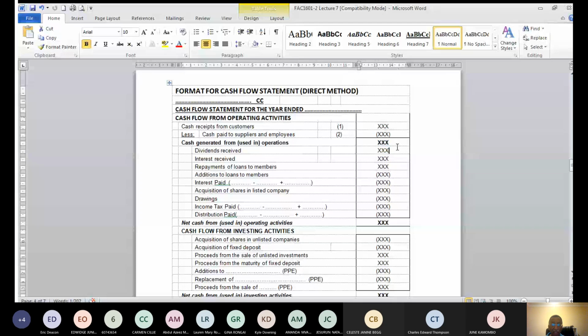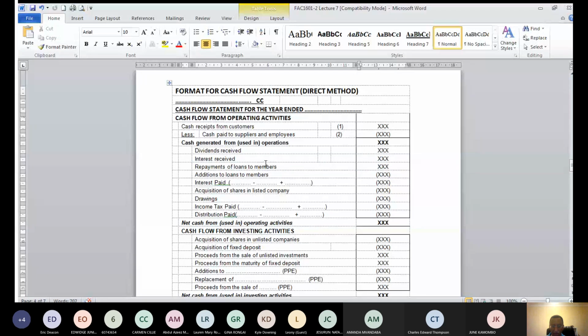Now we are going to bring into account the activities that we bring into account after the cash generated from operations. These activities will be the following. It will include dividends received, interest received, if there is, loans from members.